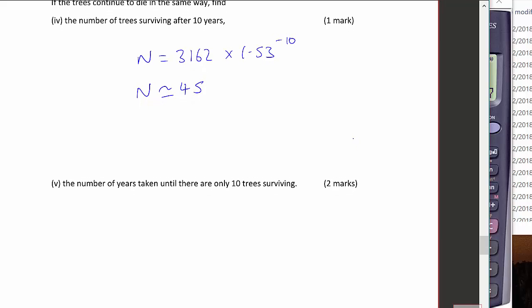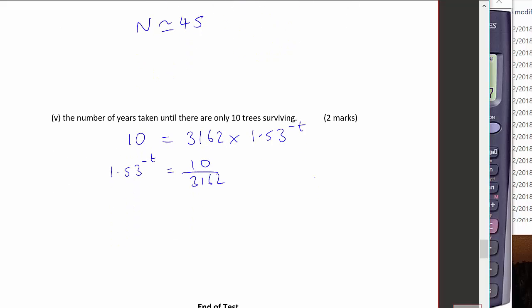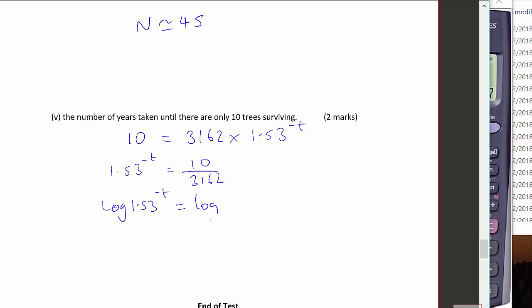And number of years until there's 10 trees. So n is 10. So 1.53 to the negative t would be 10 divided by 3162. Take logs of both sides. So it'll be log of this.